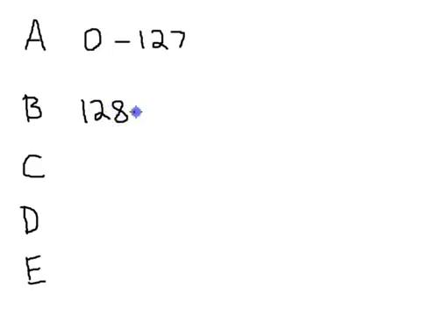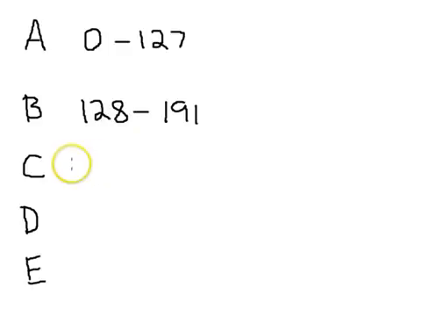Class A goes for the IP ranges where the first octet, or the first number before the dot, is 0 through 127. For class B, you have 128 through 191.